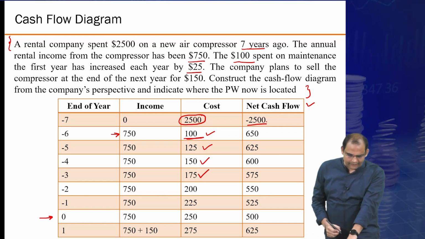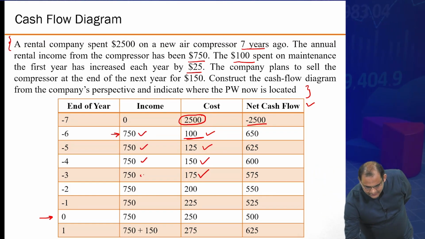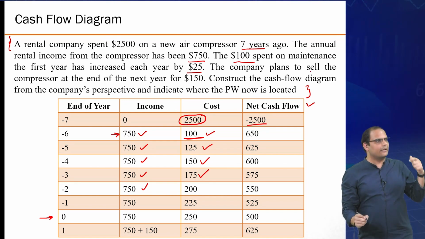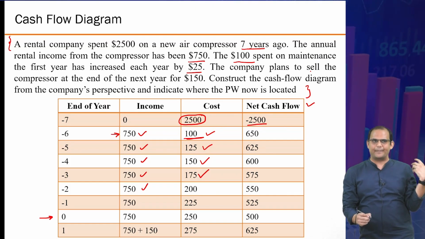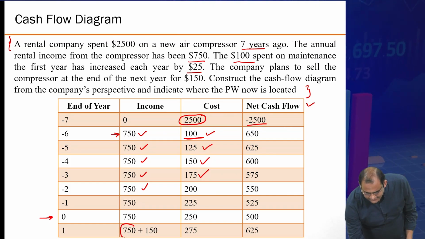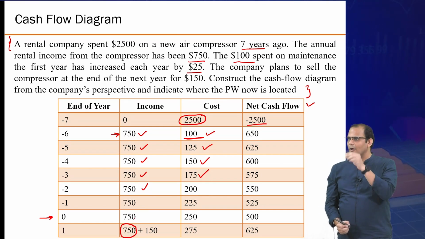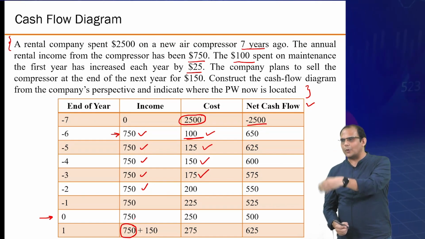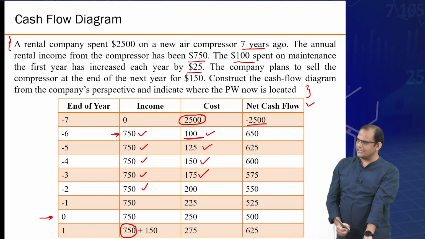Then the income remains the same, basically $750 throughout the years. Only when you are selling the compressor at the end of the last year do you generate an additional 150 rupees, right? So this 750 denotes the money that you got by operating the air compressor for the year, and then you sold it at the end, so you still got another 150, and that's why it's coming on.